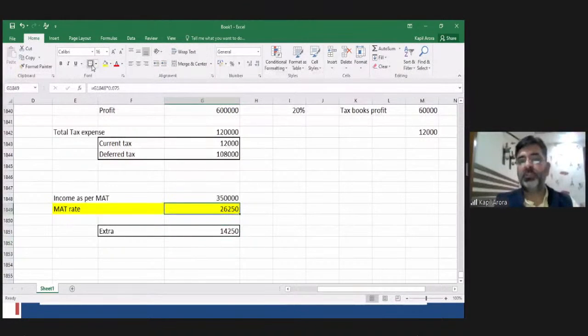So the company has to pay a minimum of 26,250 because the current tax they are getting is 12,000. So the minimum tax would be paid at 26,250 and deferred tax is calculated as 1,08,000. I hope this is fine with everybody.